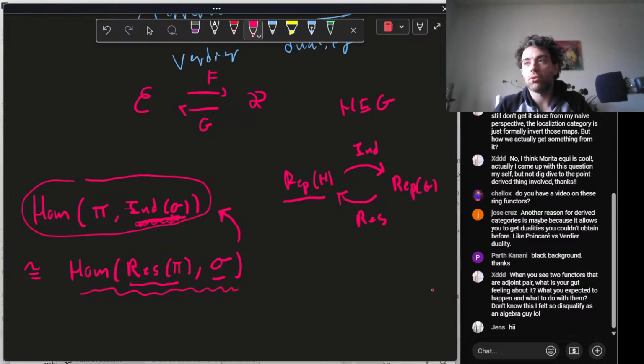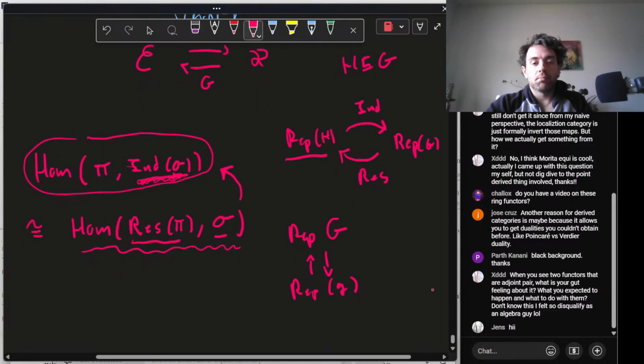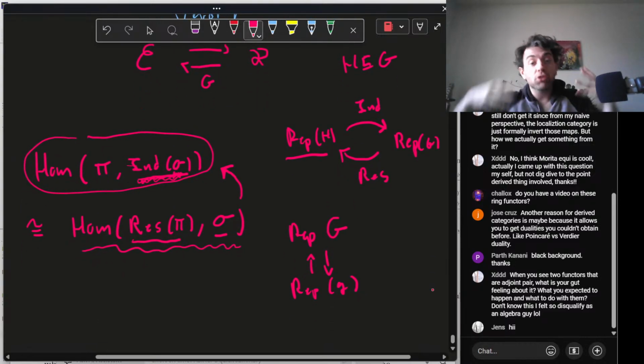Say, for example, we have an adjunction between representations of a Lie group and representations of its Lie algebra. So there's the category of representations of a Lie group, and then the category of representations of its Lie algebra. And we have functors going both ways, but they're not equivalences. But it's pretty close, right?